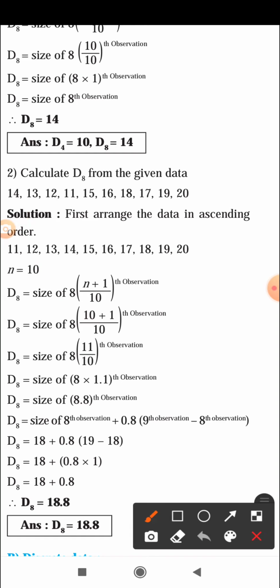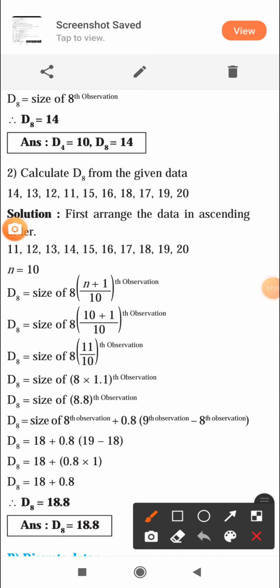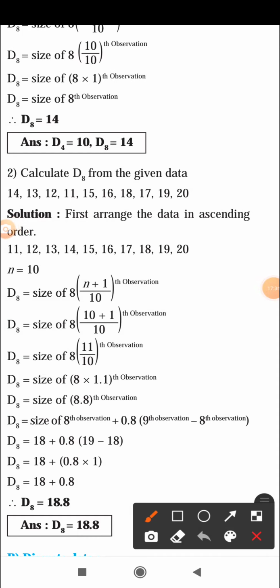Next step, find out the value of n. 1, 2, 3, 4, 5, 6, 7, 8, 9, 10. The value of n is equal to 10. And we find out the value of 8th decile.